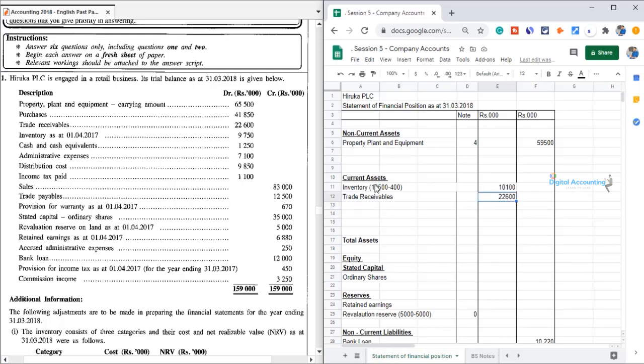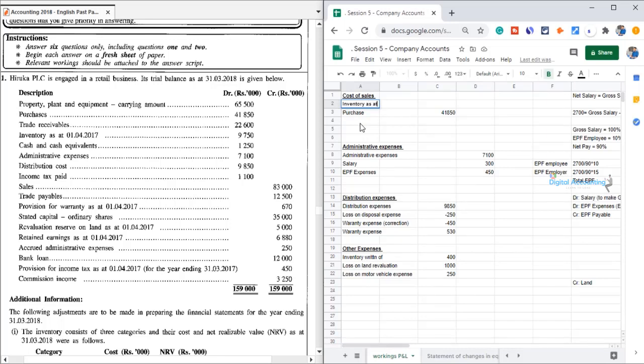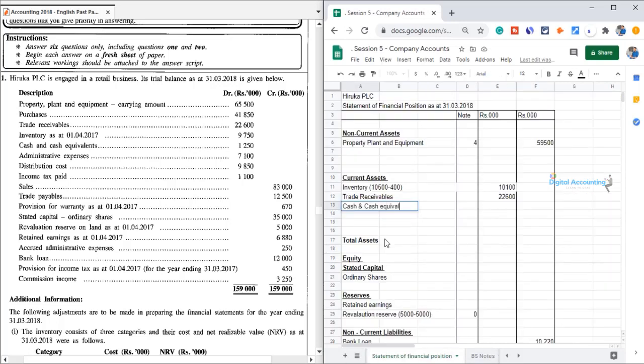Inventory as at 1st April 2017, 9,750. That we will use in cost of sales calculation. $9,750. Cash and cash equivalents 1,250.